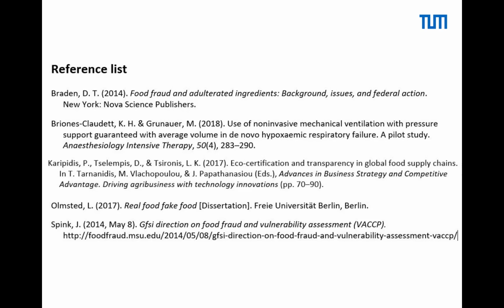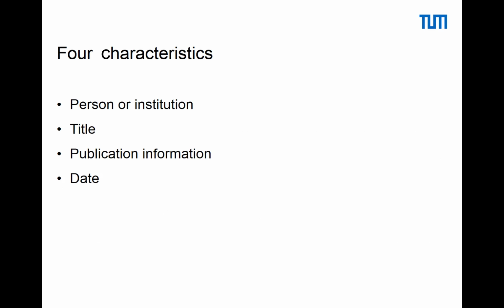of them. Let's take a look at the distinctive features of the most important document types. All document types have these four characteristics that uniquely identify them and by which they can be found.